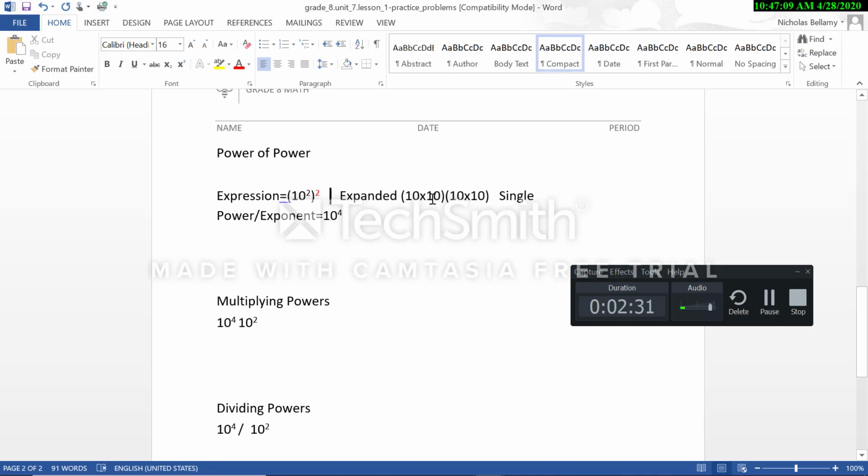How many times am I multiplying this 10? Right? Because I have two groups of this, and in each group you're multiplying. Let's say here that we're going to multiply powers or exponents.